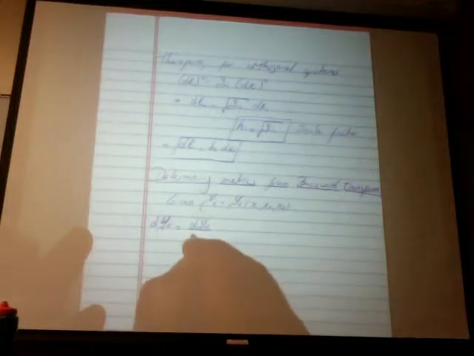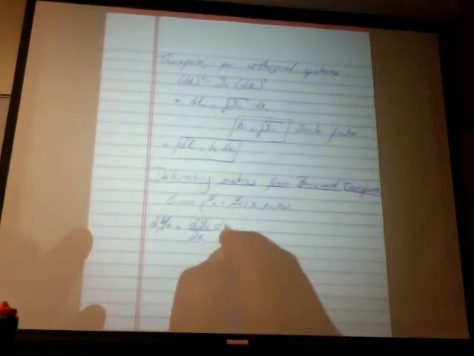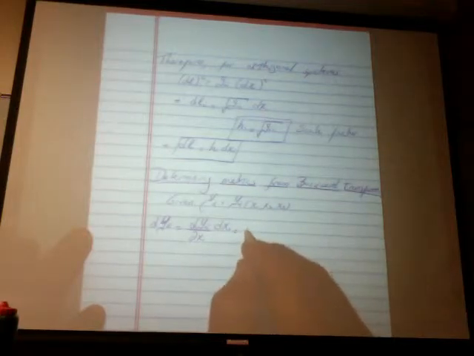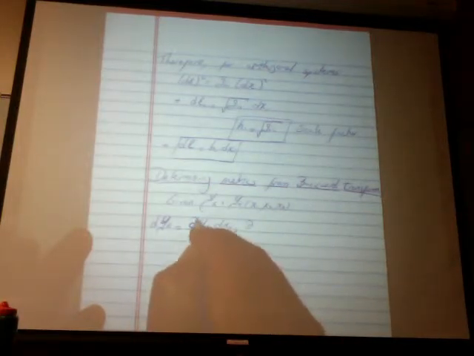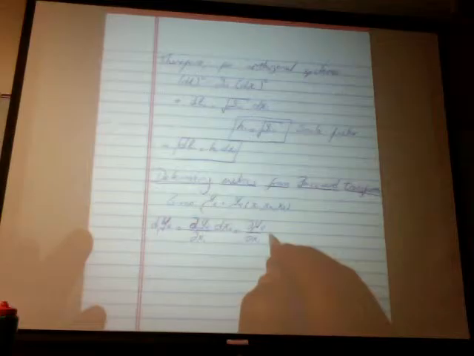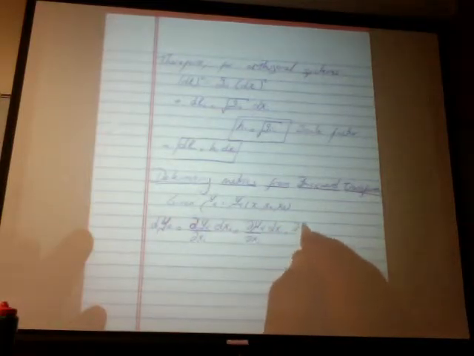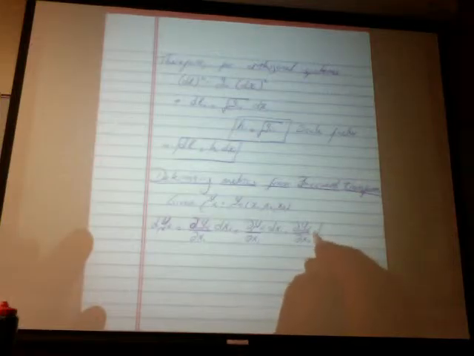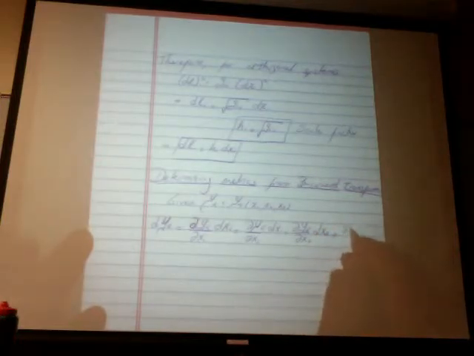And we have z as a function of r, theta, and z. dyk is equal to the partial of yk with respect to xi, dxi, which is equal to the partial of yk with respect to x1, dx1, plus the partial of yk with respect to x2, dx2, plus the partial of yk with respect to x3, dx3. The total differential of yk.